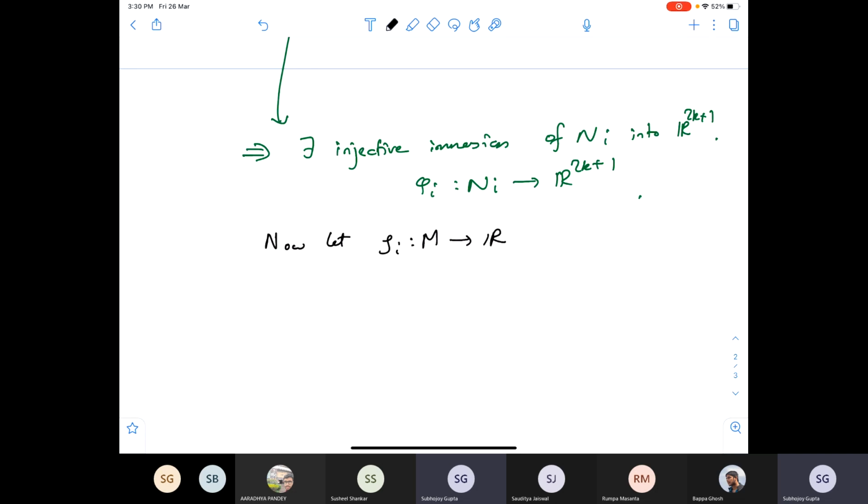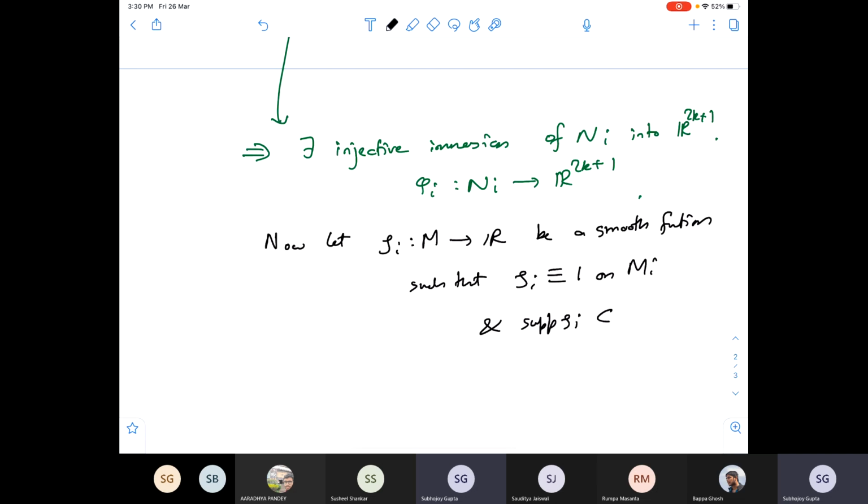Let rho i be a smooth function such that rho i is 1 on mi, but it's 0 outside ni. The support of rho i is contained in ni.